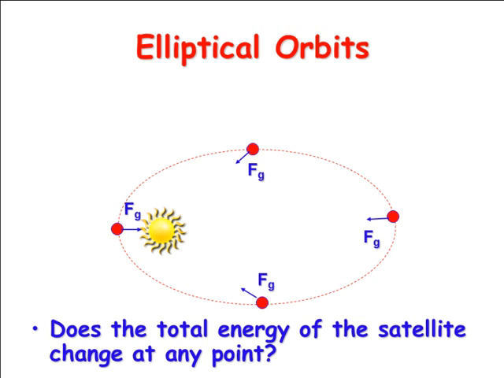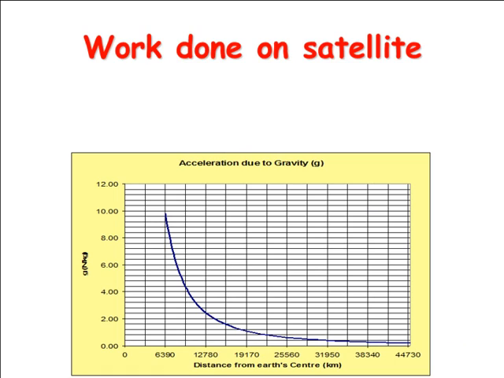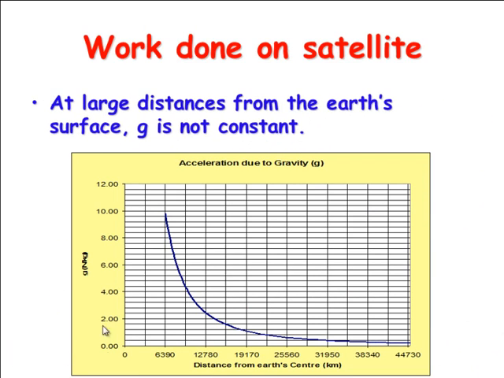So how do we actually go about calculating the work done on a satellite when it's in an elliptical orbit? What you can see from this graph here is that as you move away from the object that you're orbiting, g is going to change dramatically the further you get away. So we don't have constant g, so we can't use mgh.